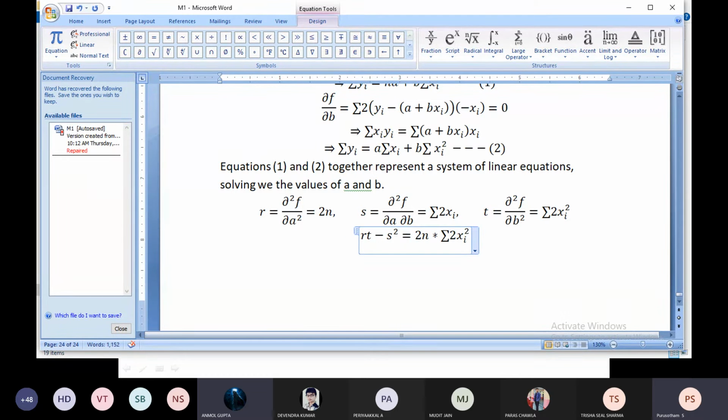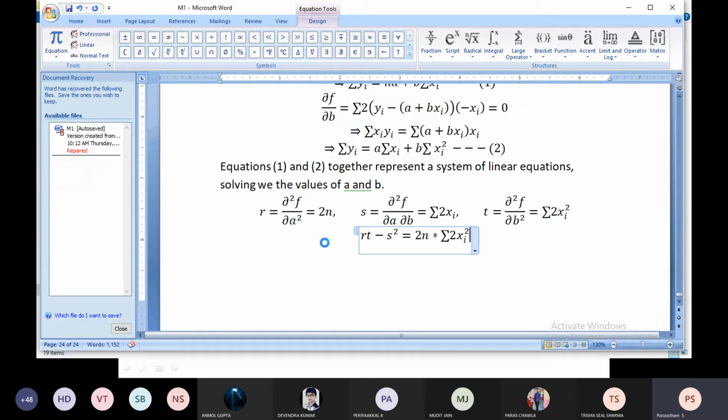Minus s square. And then you need to identify whether RT minus S square is greater than 0 or less than 0, or from this again, R is greater than 0 or less than 0. See that R is greater than 0 here, right?